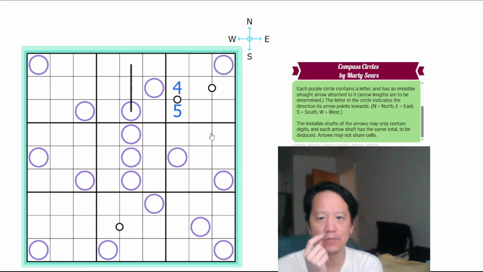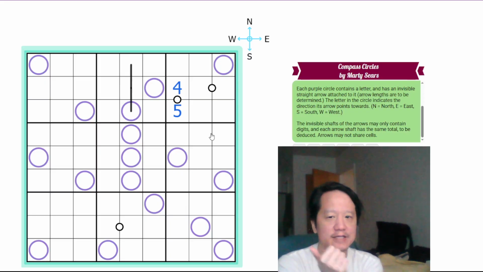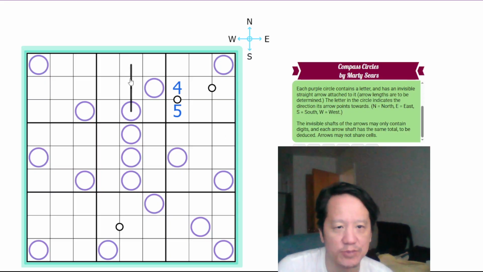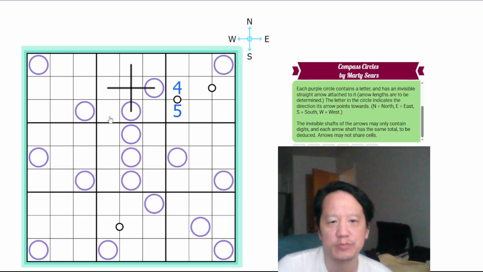And first of all, the shaft of the arrows can only contain digits. And each arrow shaft has the same total, or the same sum, which we have to deduce. And you cannot share cells amongst arrows. So you cannot have something like an arrow going this way and then an arrow going that way, because then there would be sharing cells.